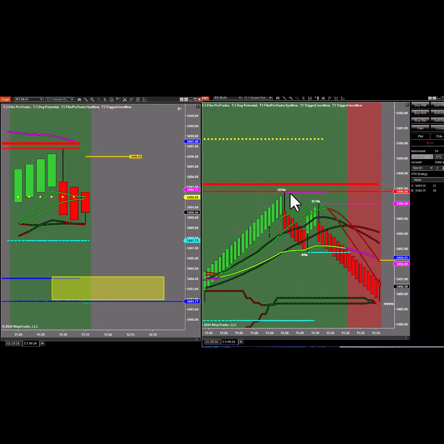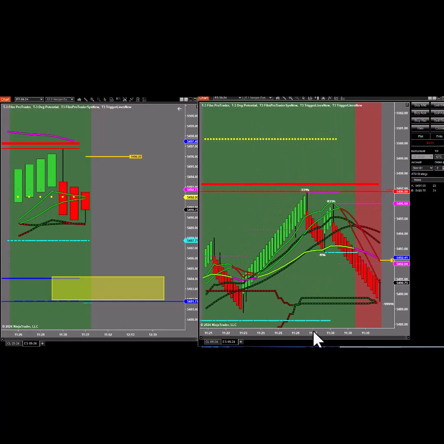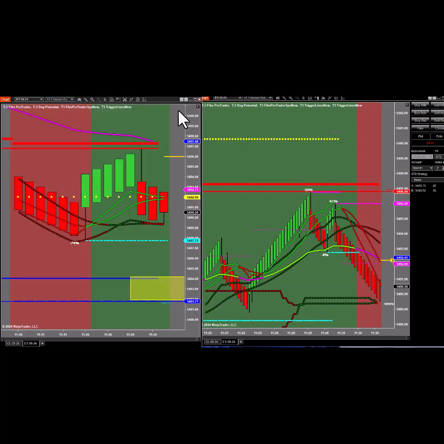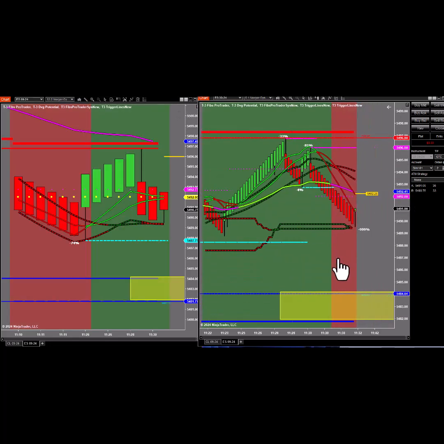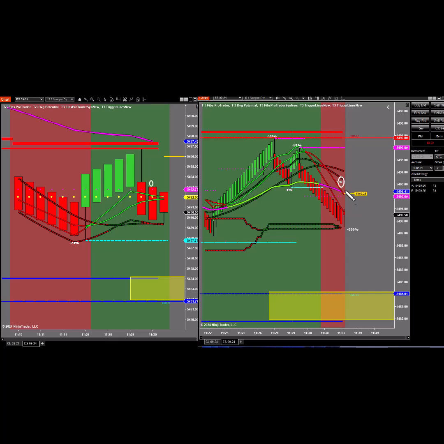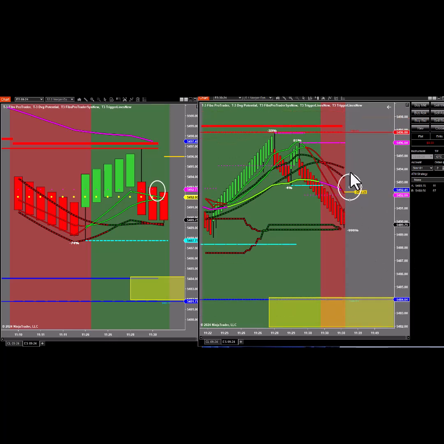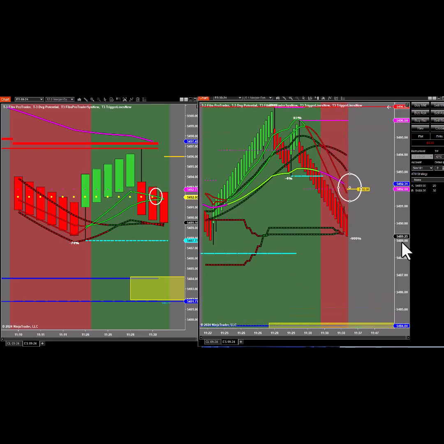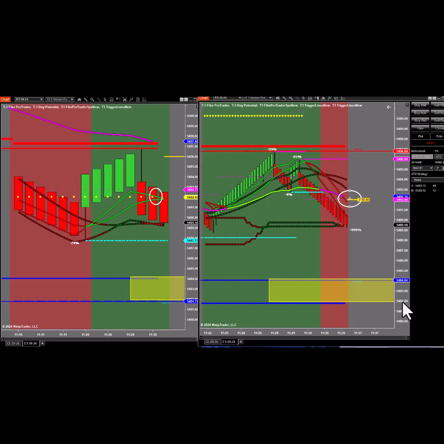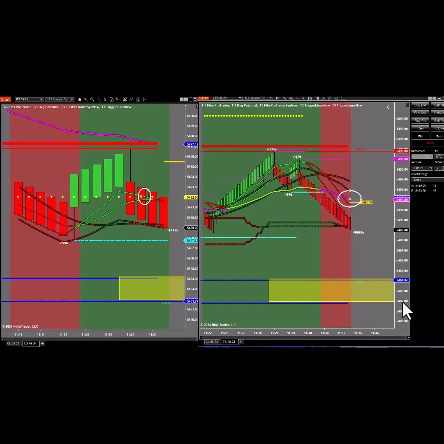So let's see what we got. Okay, it's on the wrong side of the large triggers, but can you see it? So there's a but to this one, but can you see it on your small chart? We're moving into where a momentum short probably is going to be a good idea, if it even happens.